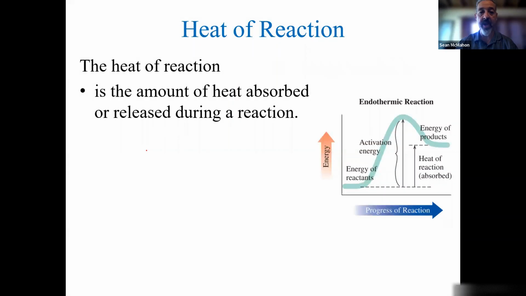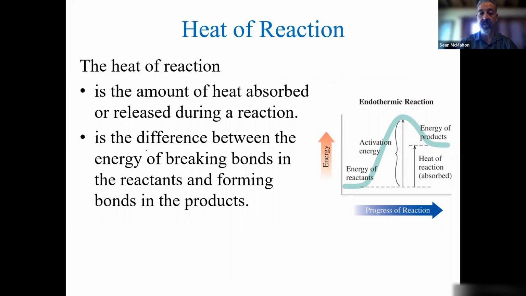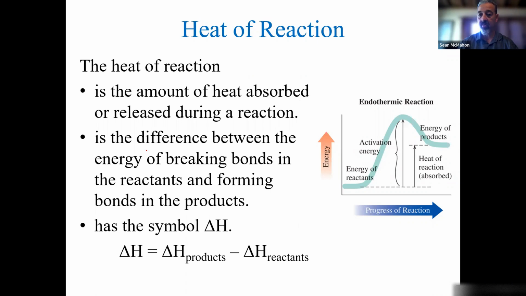So the amount of heat absorbed or released during a reaction, we talked, is the difference between the energy of the breaking bonds in the reactants and forming bonds in the products. So we used Q equals mcΔT, but that's typically when we talk about systems like water, and I'm raising the temperature of water. When we deal with reactions, we use the symbol delta H, and delta H is basically enthalpy.